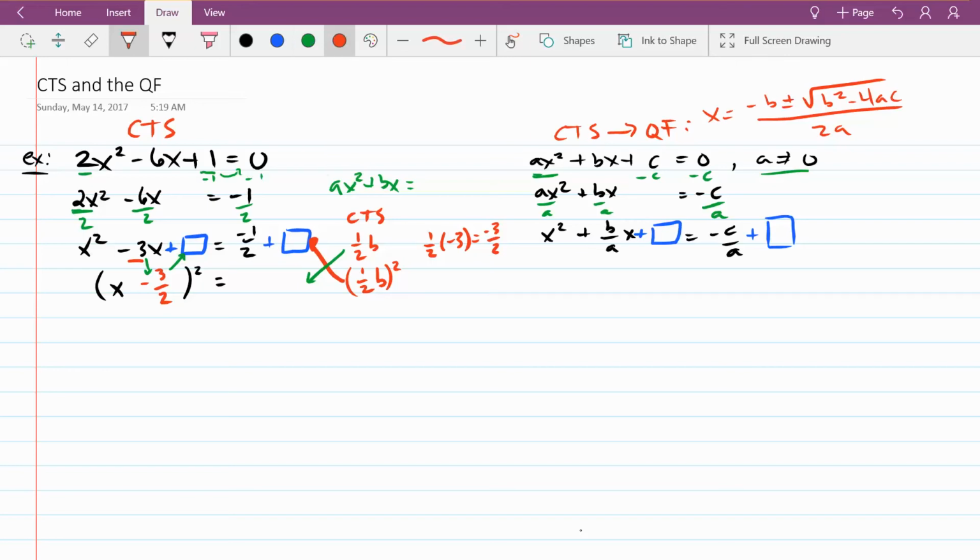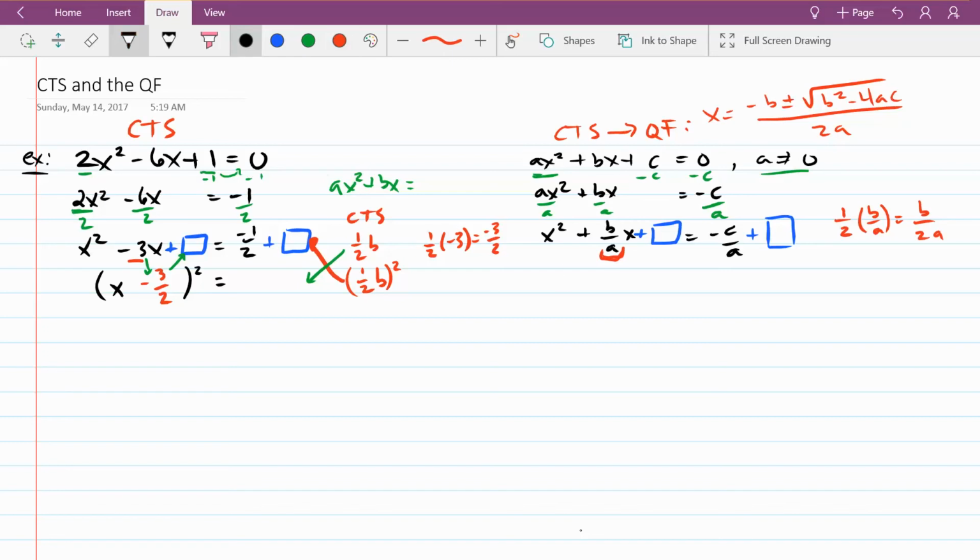Well, this b term over here, b over a, it's not just b, it's half of b over a, because that is my new b, it's b over a. So we get b over 2a.